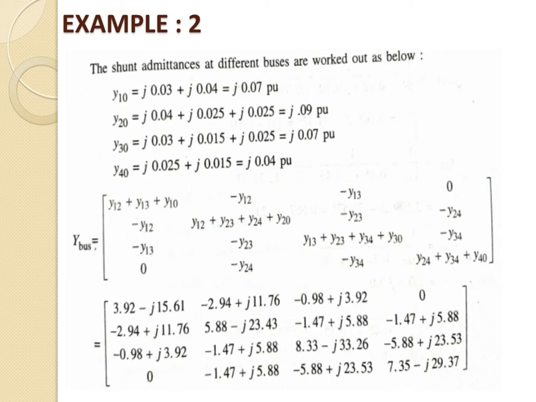And the last row: the first term is 0, then minus 1.47 plus j 5.88, minus 5.88 plus j 23.53, and the last term is 7.35 minus j 29.37.